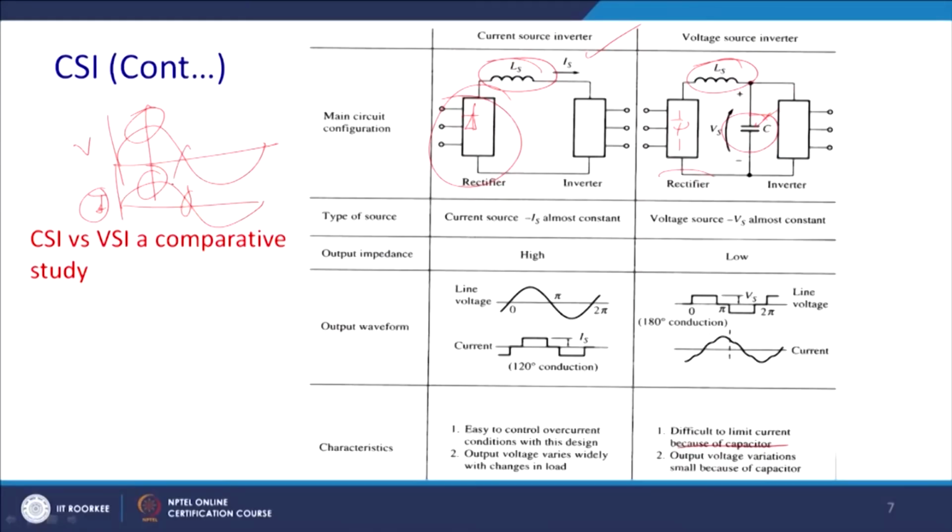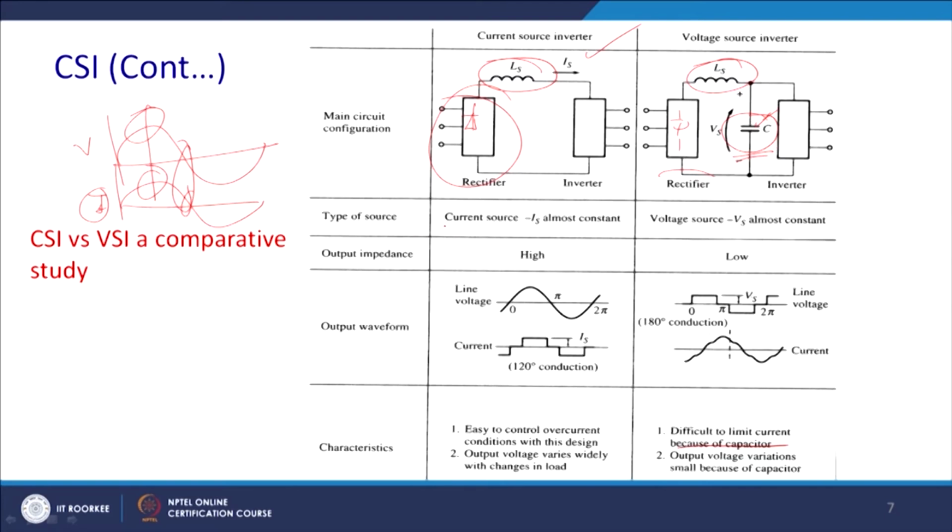Same way at the zero crossing, you do not have any power output, so the capacitor voltage will swell up a little. For this reason, we require to provide a capacitor here.